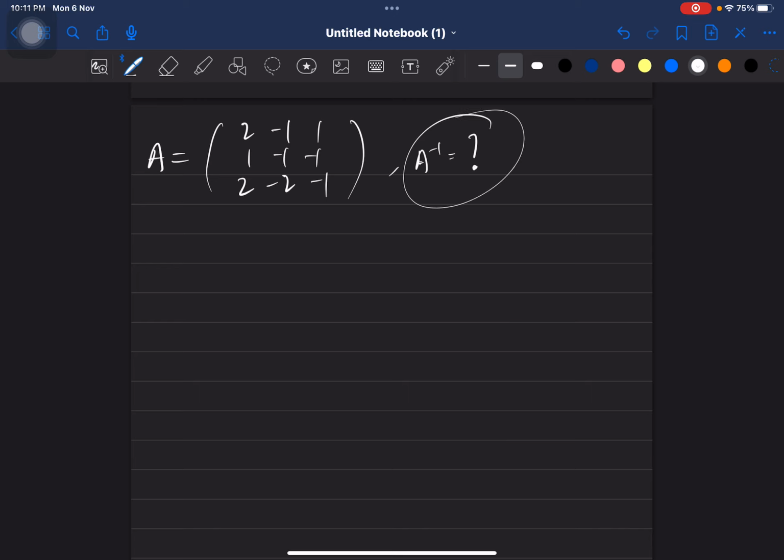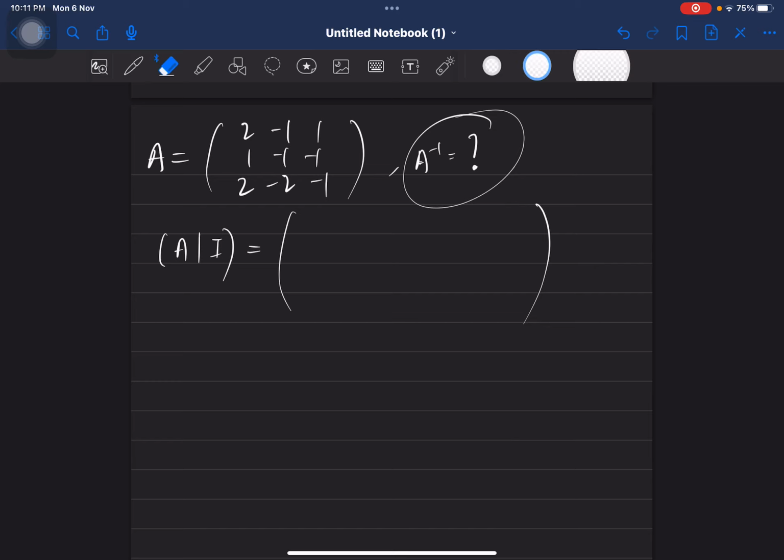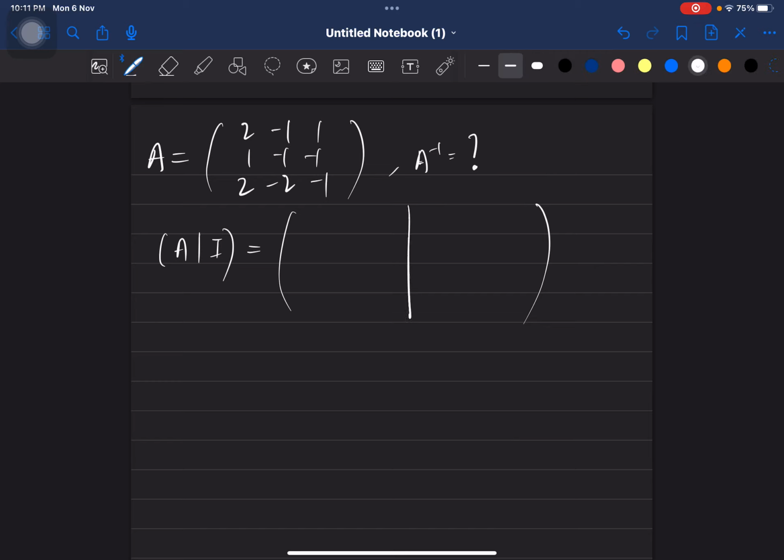Okay, how? So you need to first write this first: A, and then a vertical line, I. A means the matrix A, I means the identity I. So matrix A I'll write it here, and then identity I write here.